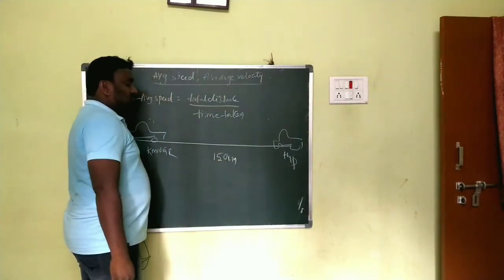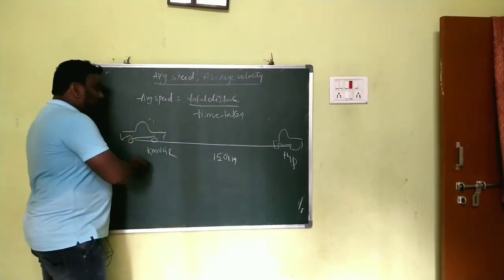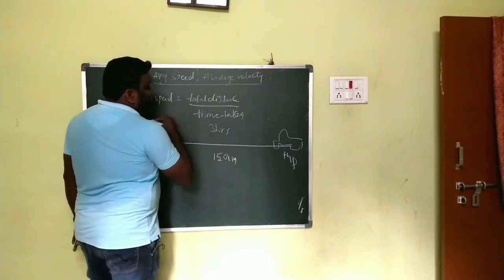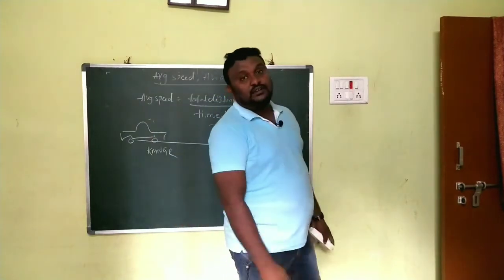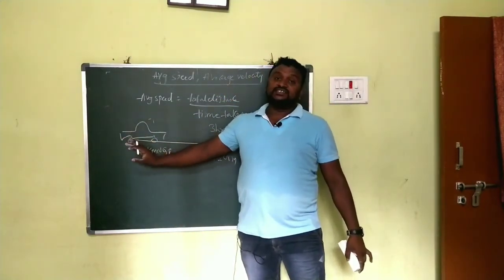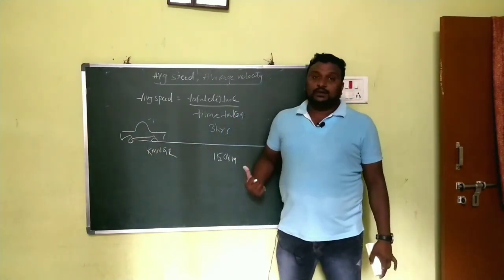Just imagine 150 kilometers. To travel from Karimnagar to Hyderabad, it will take some 3 hours by car. There is one car at the station of Karimnagar, and it wants to go to Hyderabad.